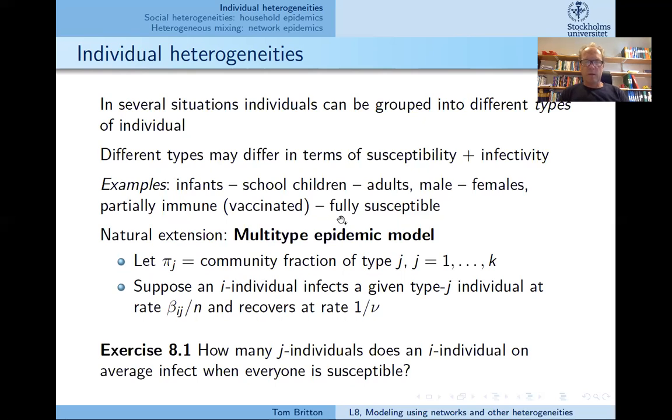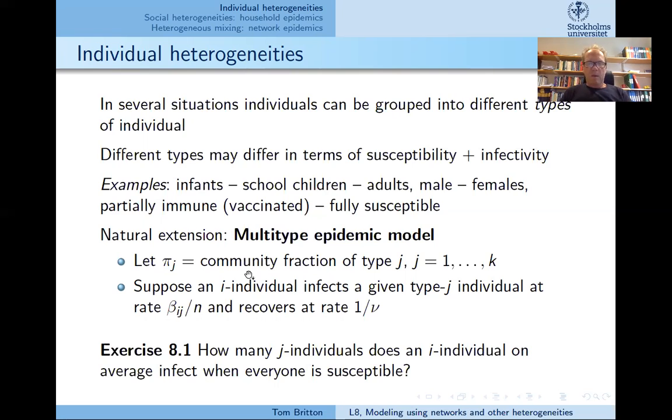And what you do then is you define a model where you have some different types of individuals, and you must know what fraction of the community is of the different types, and this is usually the case. You know that maybe 5% of the population consists of infants, maybe 15% of school children, and the rest adults, and so on.